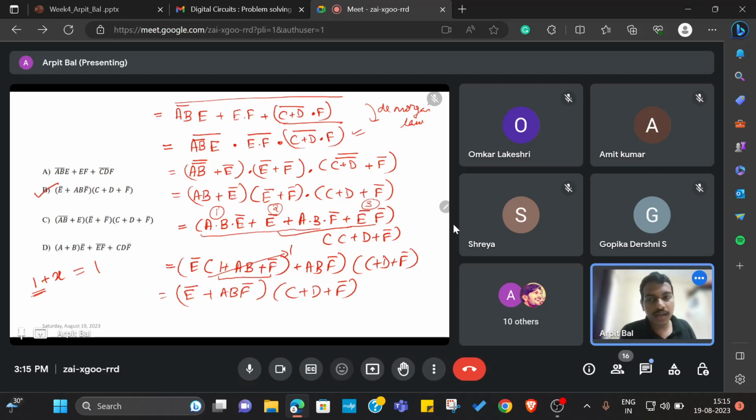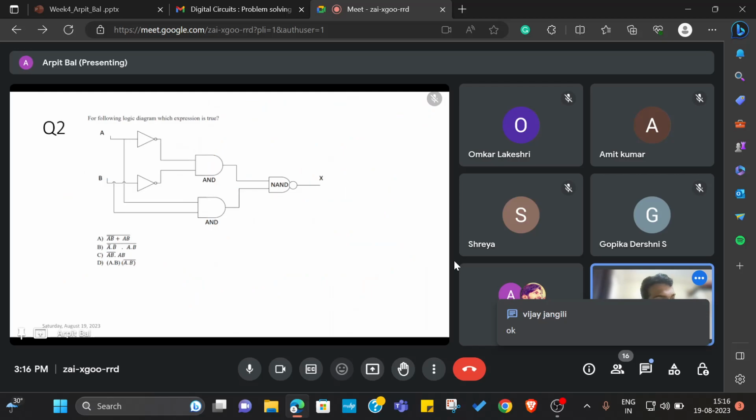If I take e bar common, then I will be left with a dot b plus 1 plus f bar. I hope that clears your doubt. Okay, so we can move to the next question.